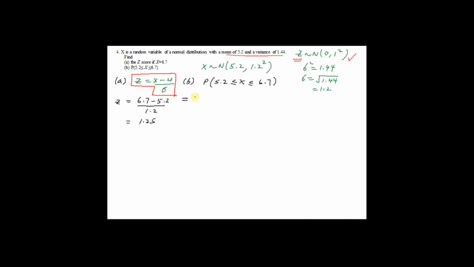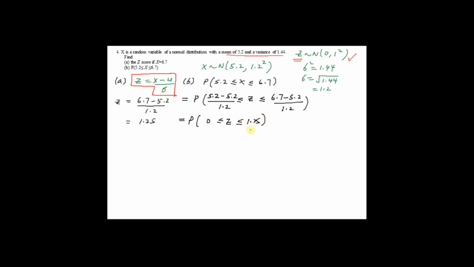So now we have probability z, using the x value 5.2 minus the mean, which is 5.2, over the standard deviation 1.2, less or equal to 6.7 minus 5.2, that's the mean, over the standard deviation. So this will give you z more or equal to 0, less or equal to 1.25.